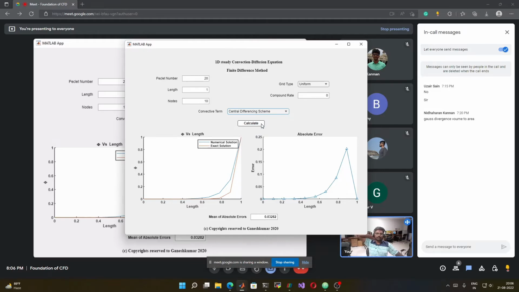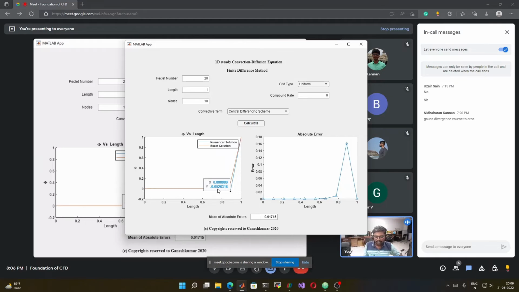Can you see this? Again the red is the exact solution and blue is the numerical solution. But you see the value here is minus 0.05.